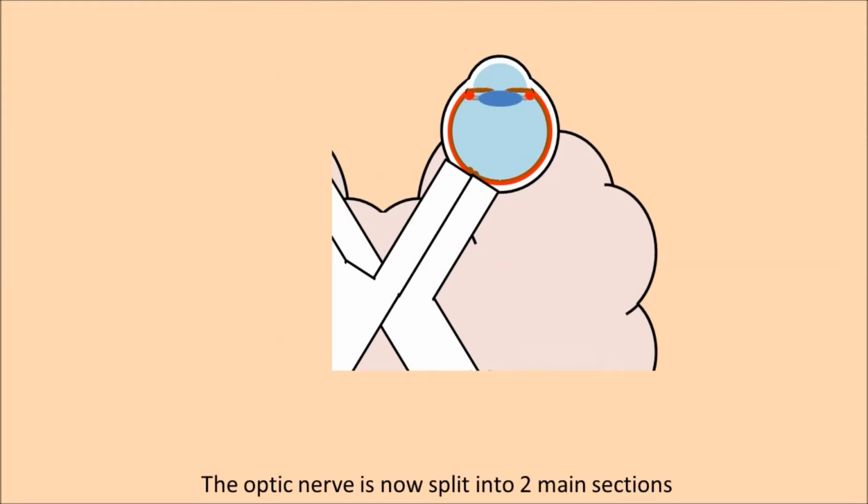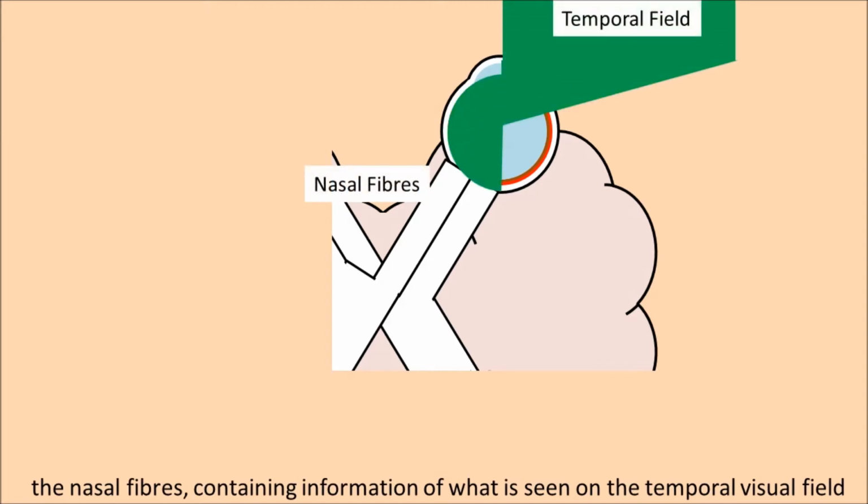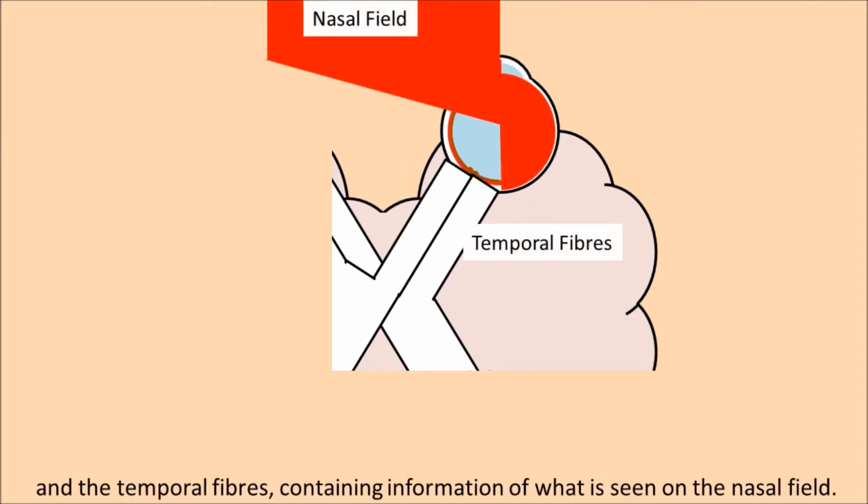The optic nerve is now split into two main sections. The nasal fibers, containing information of what is seen on the temporal visual field, and the temporal fibers, containing information of what is seen on the nasal field.